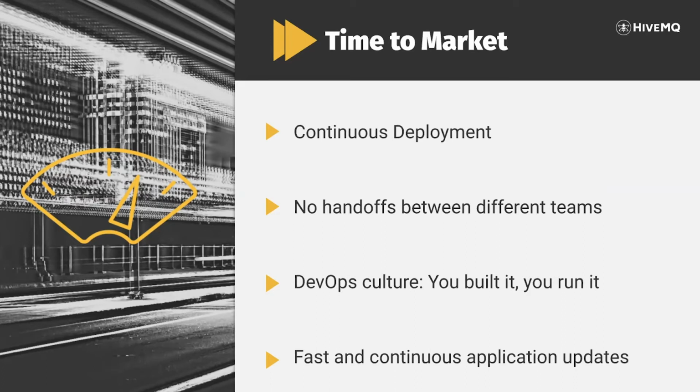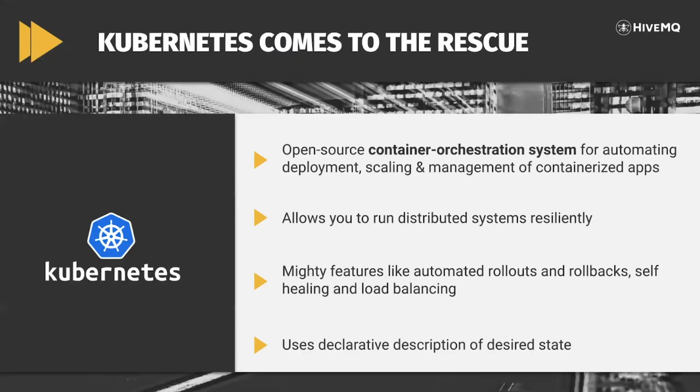And here one thing comes into play, and that is Kubernetes, because Kubernetes really supports you in doing this. Kubernetes is an open source container orchestration system that helps you automate your deployment, scale the deployment, and manage all your containerized applications.